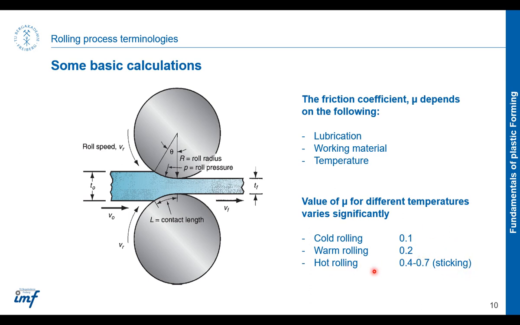So in hot rolling conditions, usually we have a friction coefficient around 0.4 and 0.5, and then it can be as high as 0.7.